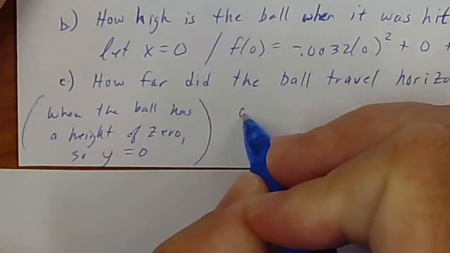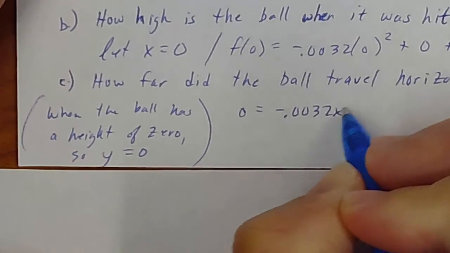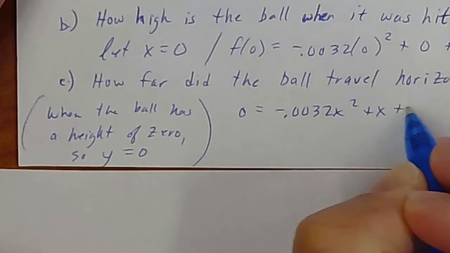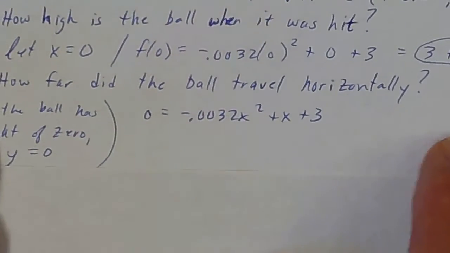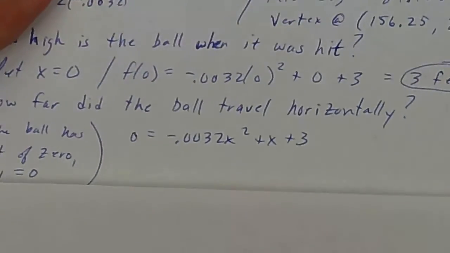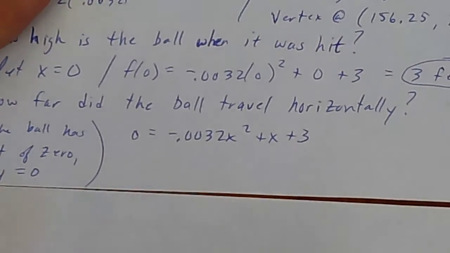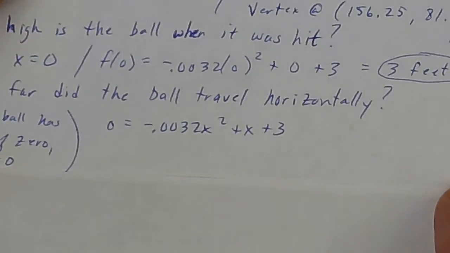So 0 equals this equation. Okay? This is why we have multiple methods for quadratics. Have fun factoring that. No thank you. Have fun doing the square root method. Can't do it. Okay? The quadratic formula was meant for situations like this that are a little bit tougher to deal with and tougher to factor.